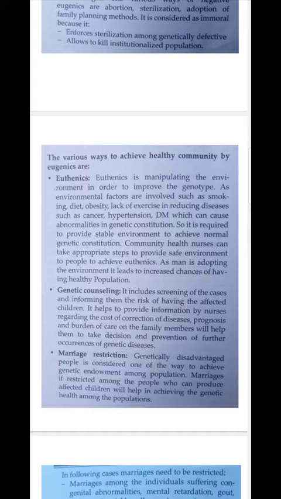So what is euthenics? Euthenics is manipulating the environment in order to improve the genotype. We are manipulating the environment which is present around the person or inside the person, so that we can change the genotype of a person. How can you change it? Like if the person is smoking, we can stop them. Then changes of diet, obesity, lack of exercise, in reducing diseases such as cancer, hypertension, diabetes mellitus, which can cause abnormalities in genetic constitution.